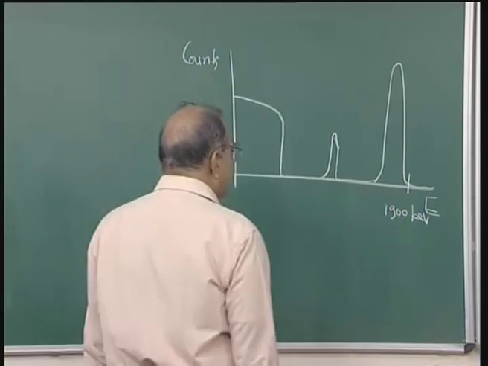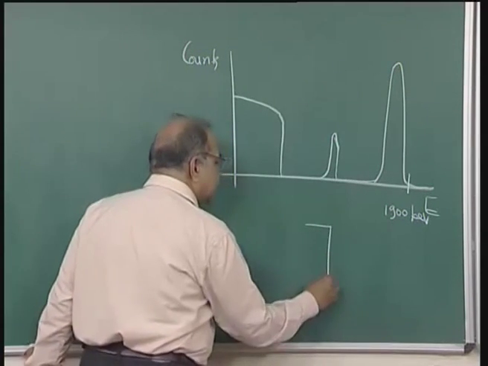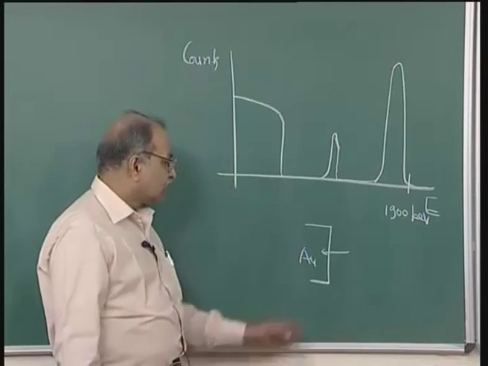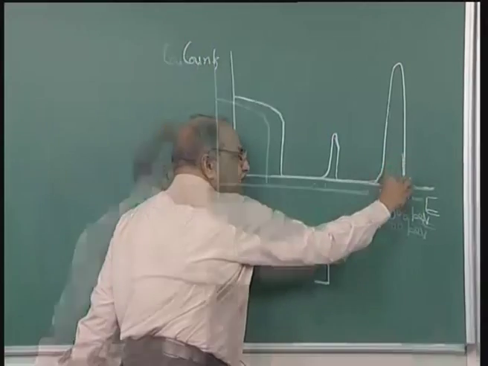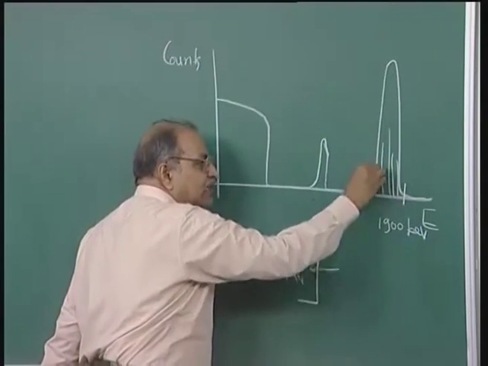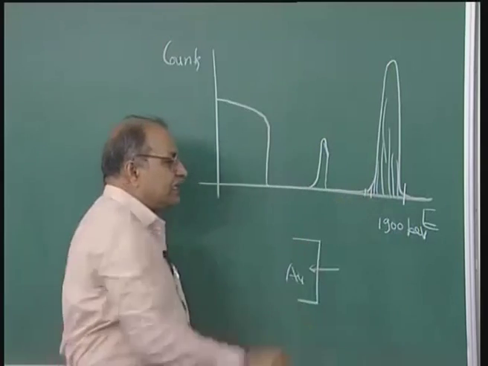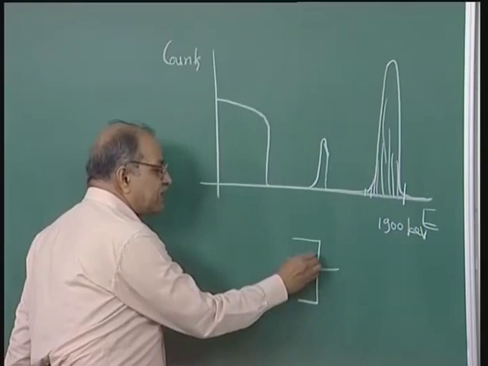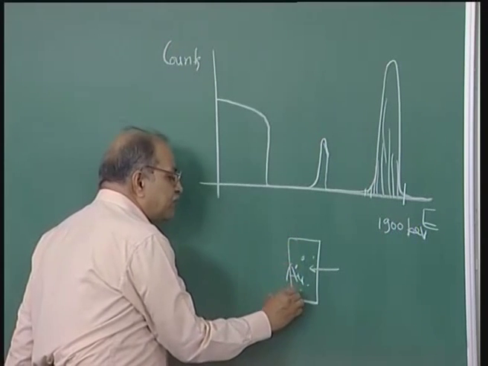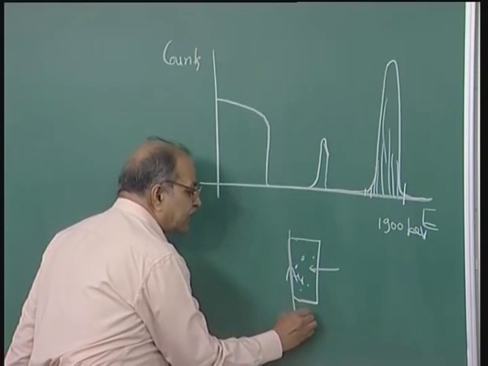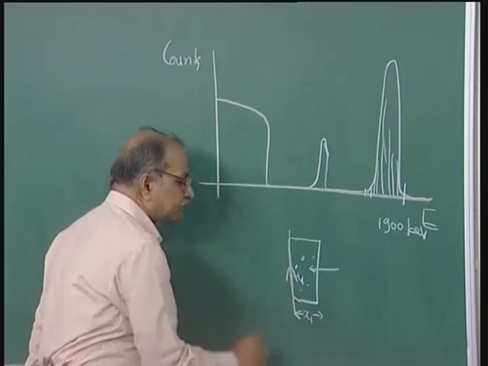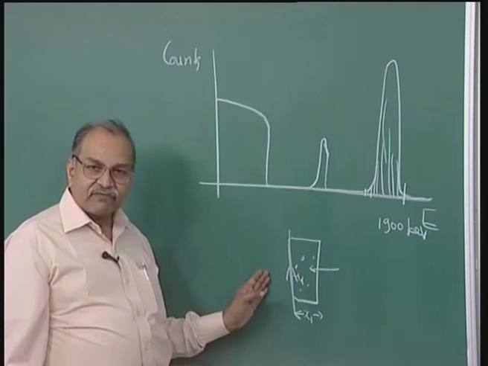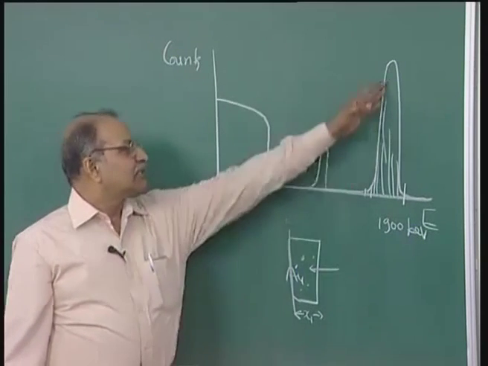And then as it goes, so it is gold here. So as the alpha particle goes in, you are having counts at these energies, and they are coming because of collision events at different depths. But if the gold is only up to some thickness, say x1, then after that you do not have gold, and therefore this peak ends here.